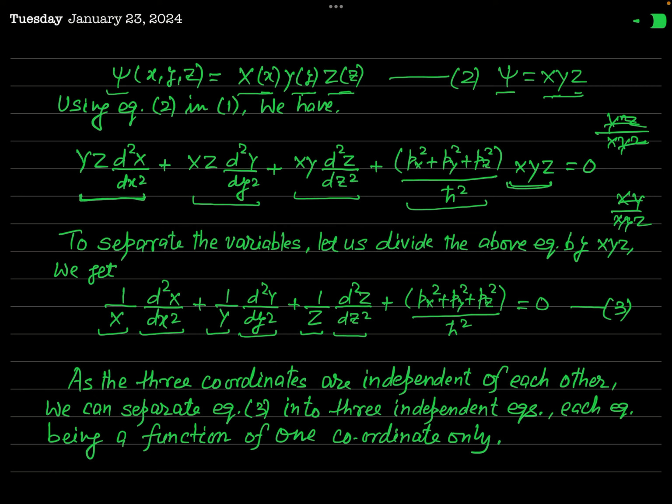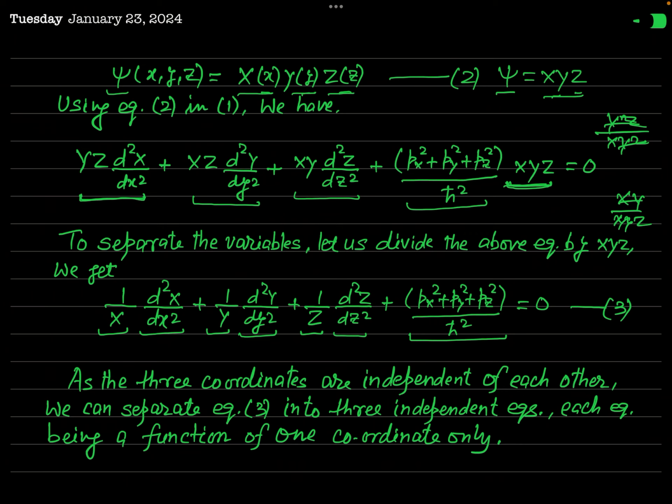In the fourth term, the product XYZ cancels out completely, and so the fourth term is (px² + py² + pz²)/ħ², and that is equal to 0.